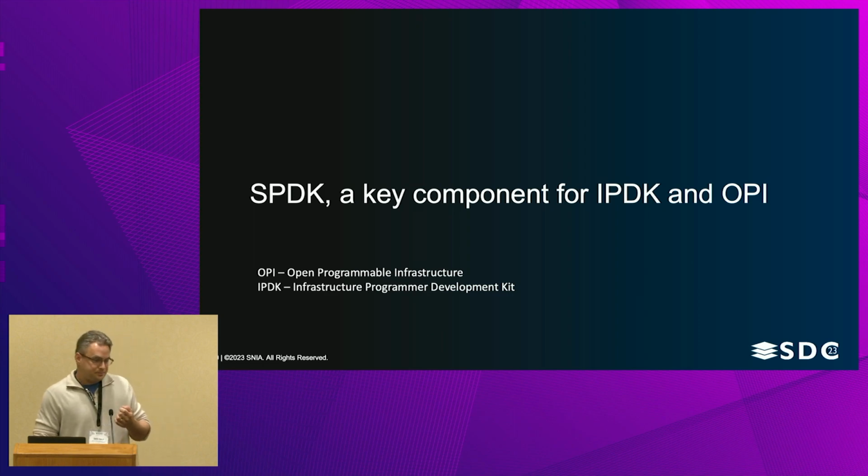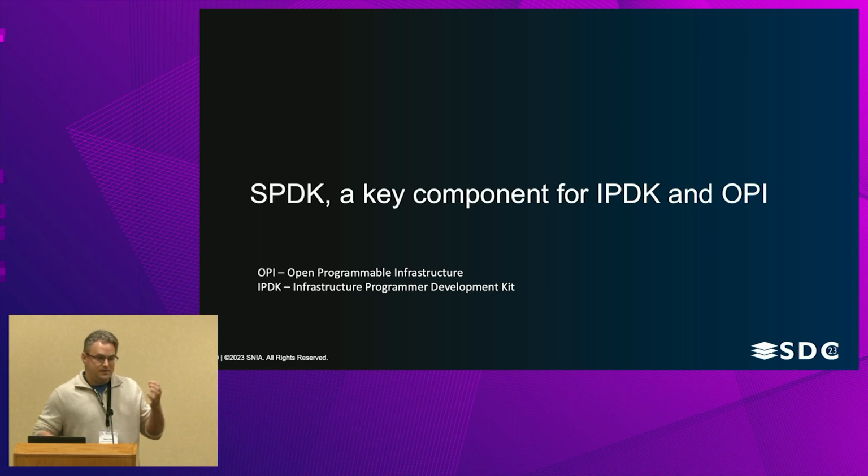So we want to make it possible that someday you could say, I don't just want to adopt Intel's IPU or Marvell's DPU. I would like to be able to say, I want to adopt an OPI compatible device, knowing that the APIs and the processes that I'm going to invest in are going to be consistent across all these different types of vendors, and even within a vendor, there are different implementations.